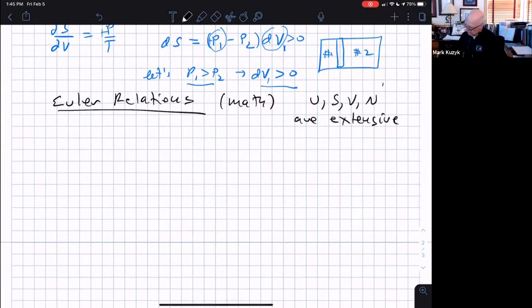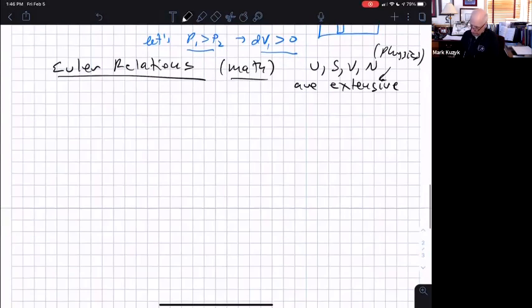So we're going to take this physics, which has this property, and we're going to apply math to it, and that will give us these Euler relations. And this is really, really cool how this ends up working out. So what we're going to do is we're going to take U, and U is a function of lambda S, lambda x1, dot, dot, dot.